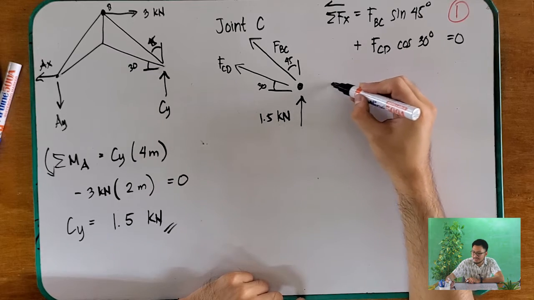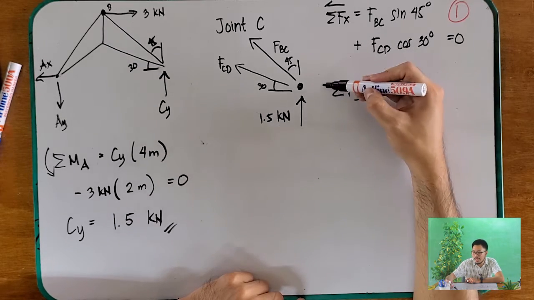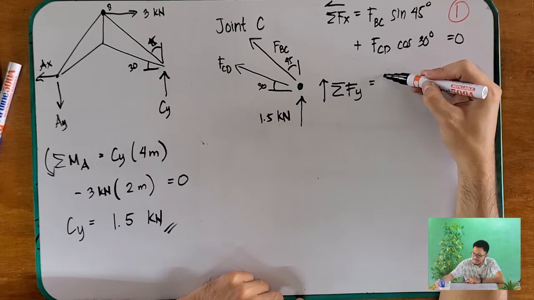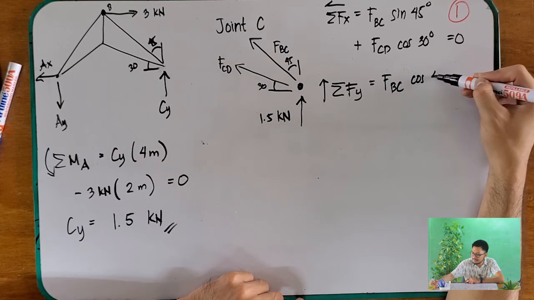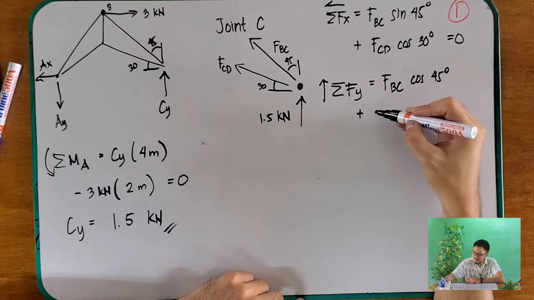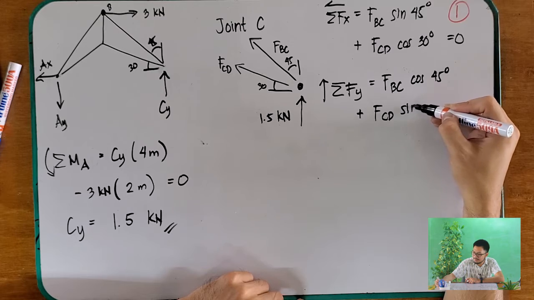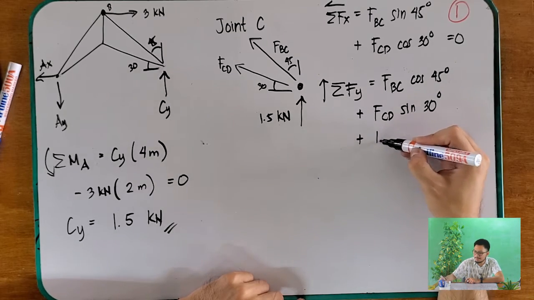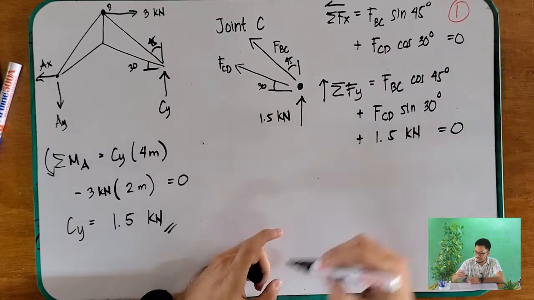And now, let's have our summation of forces along the y going up. So, that is equal to FBC cosine of 45 degrees plus FCD sine of 30 degrees plus 1.5 kilonewtons is equal to 0.